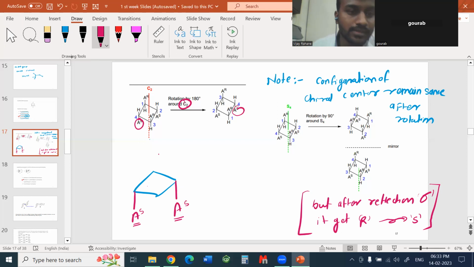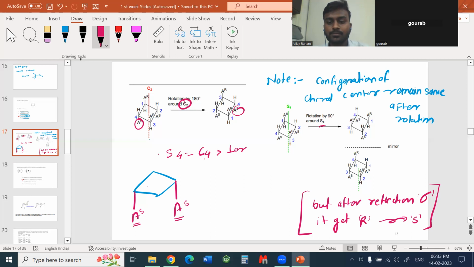So how the problem will be visualized: here we can see the S4 operation is performed. What is meant by S4? S4 refers to doing a C4 and then doing the sigma plane which is perpendicular to this rotation axis.